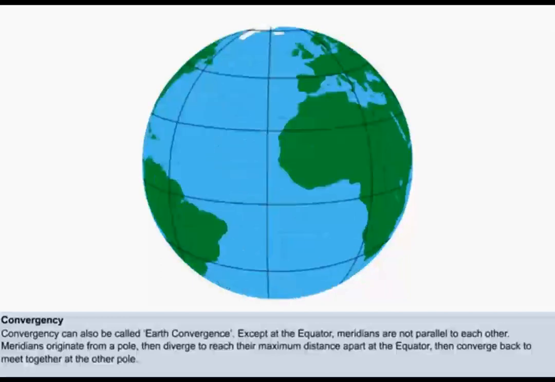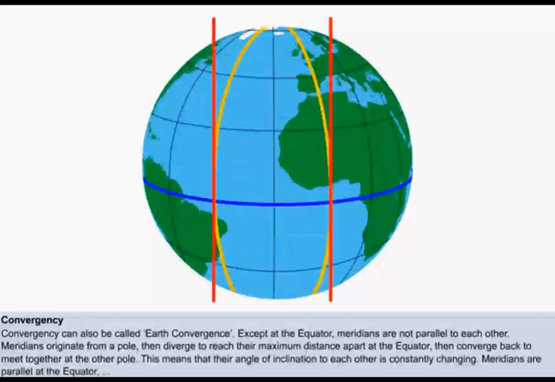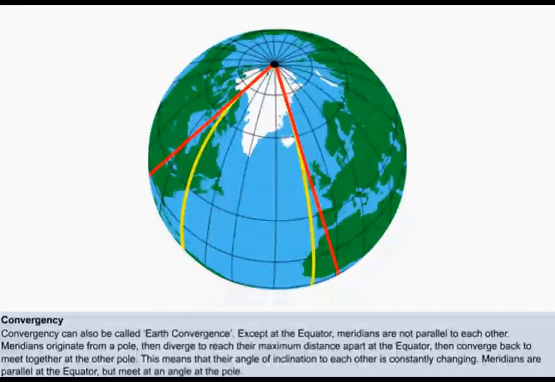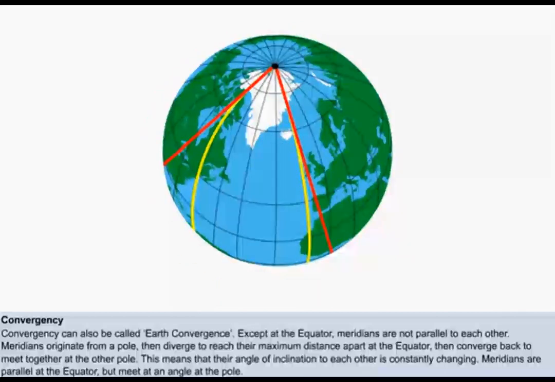If tangents are drawn to the 2 meridians at the equator, they will be parallel lines in space. At the pole, however, they will converge at an angle equivalent to their difference in longitude. Looking directly down on the pole, there are 360 degrees of angle, and there are 360 degrees of longitude, 180 east and 180 west.